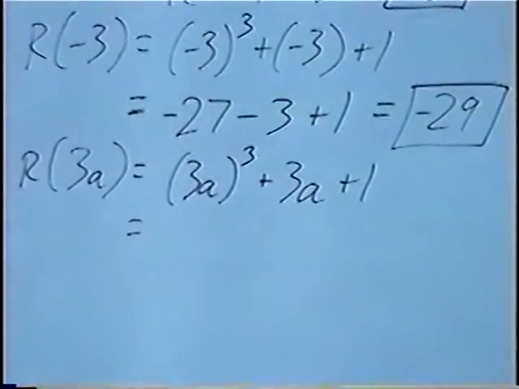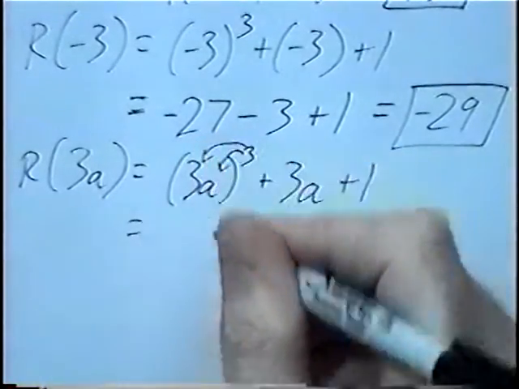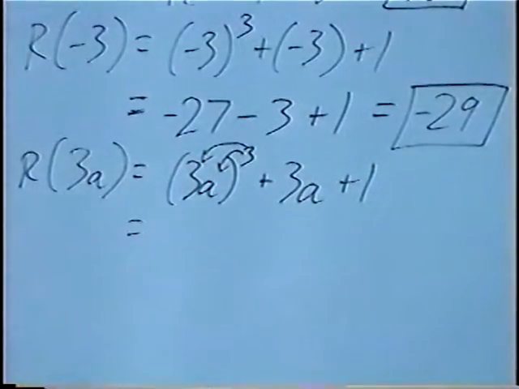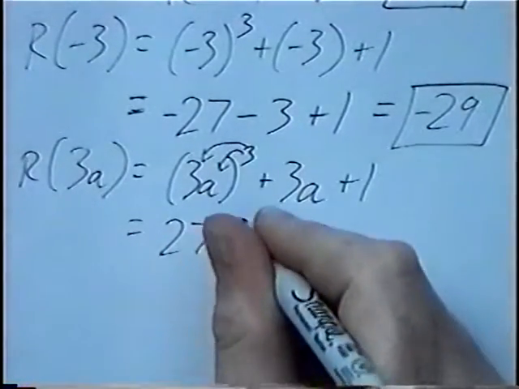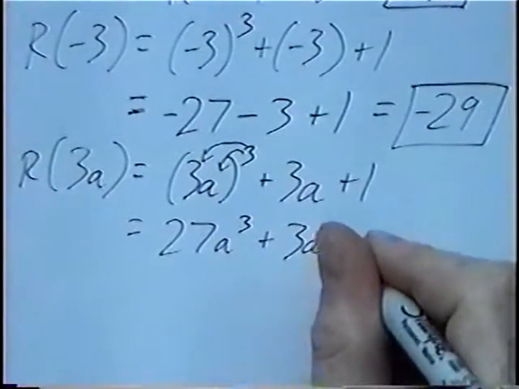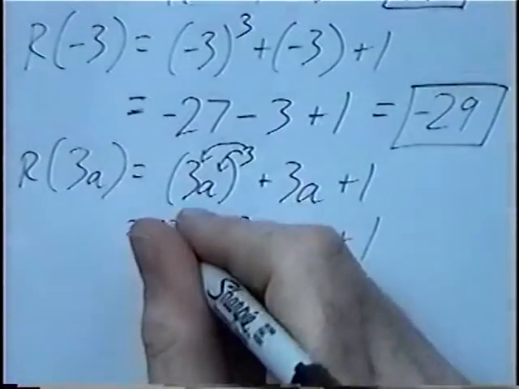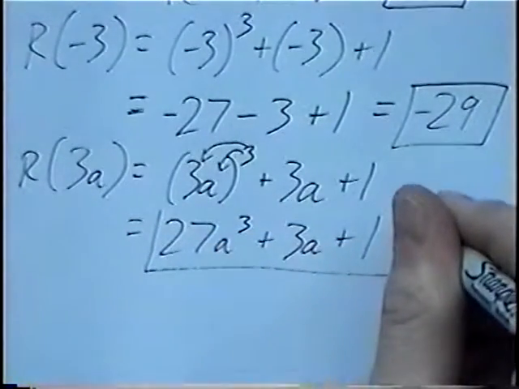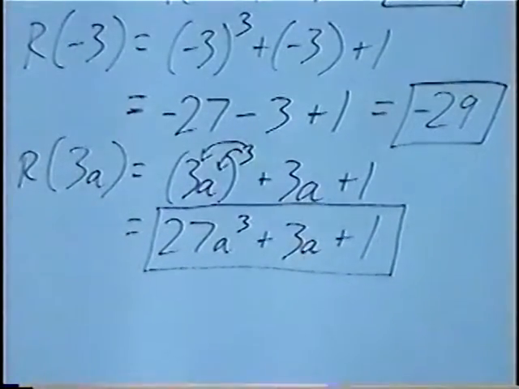Simplifying from here, the cubed power again will go to each coefficient and each variable in the parentheses. So 3 cubed would be 27 and a cubed. Plus 3a and plus 1 would stay the same. Since there's no more like terms to combine, this will be our final answer: 27 a cubed plus 3a plus 1.